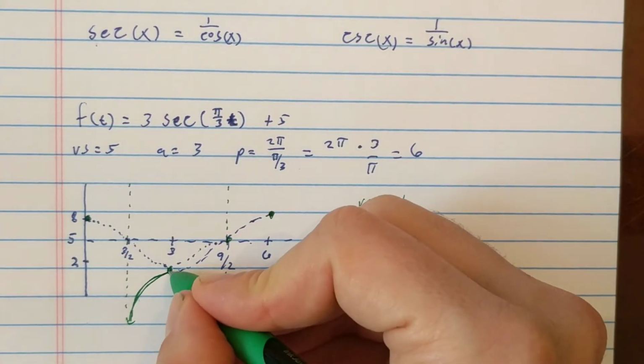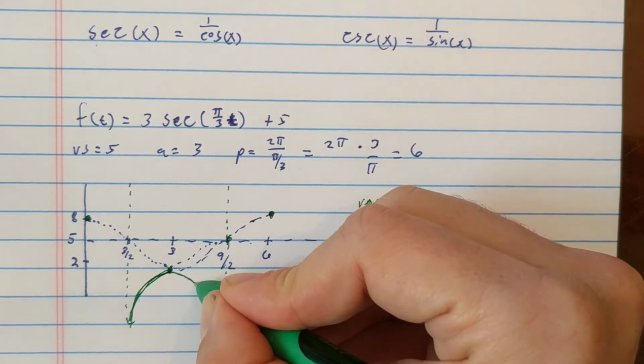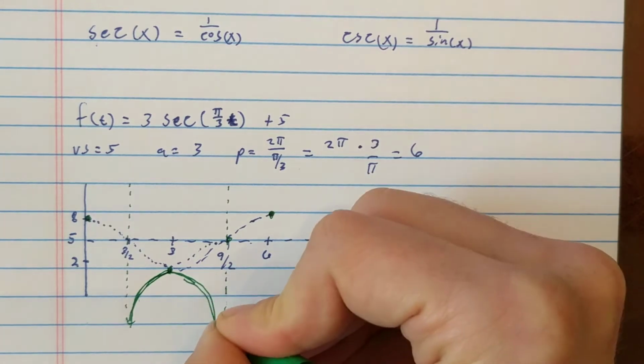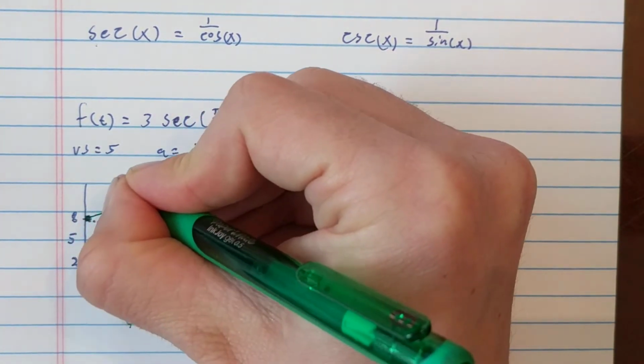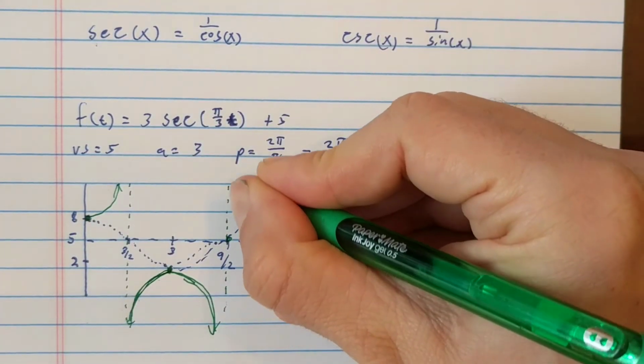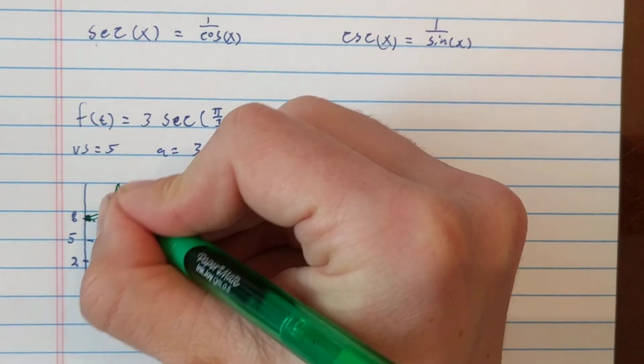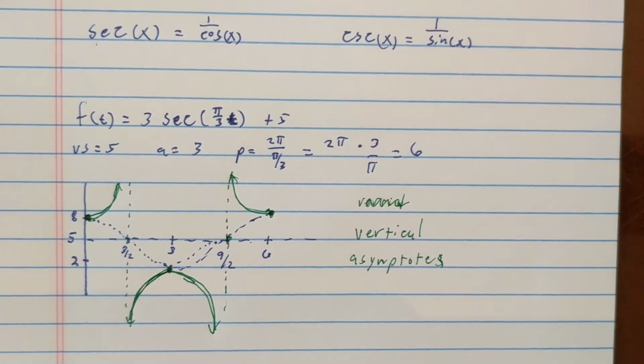But anyway, we go from the center down, and we also go down here to negative infinity. This side goes up to positive infinity and up to positive infinity. So the green is the actual graph of secant. All right. And that's it.